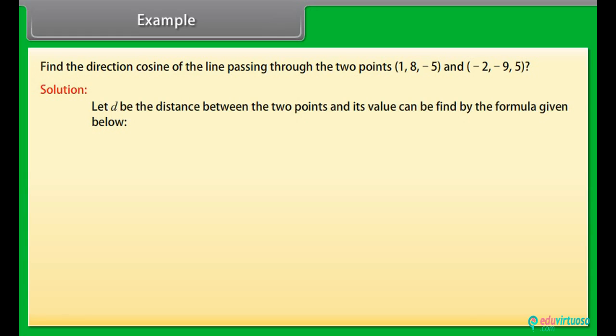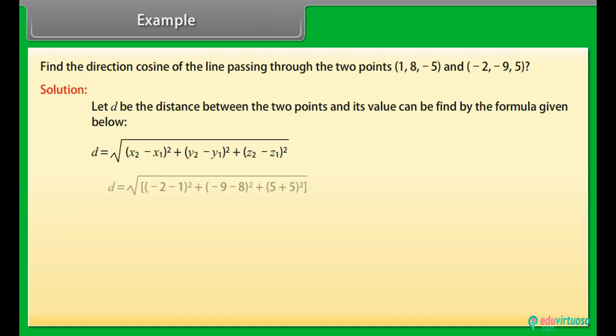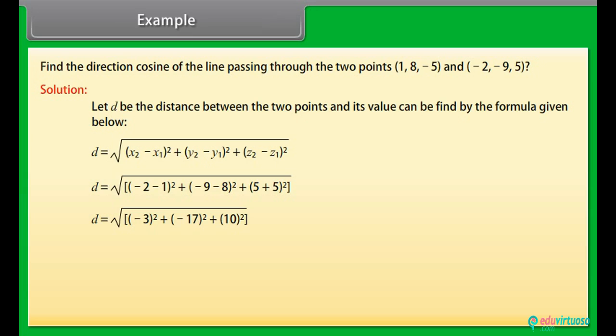Let d be the distance between the 2 points and its value can be found by the formula given below. d equals the square root of x2 minus x1 square plus y2 minus y1 square plus z2 minus z1 square. d equals square root of minus 2 minus 1 square plus minus 9 minus 8 square plus 5 square. d equals square root of minus 3 square plus minus 17 square plus 10 square.